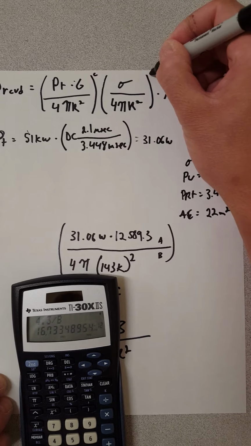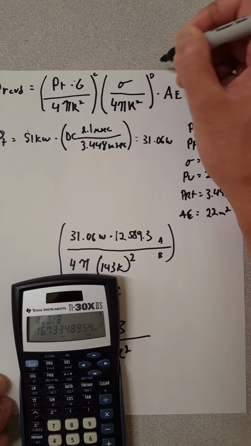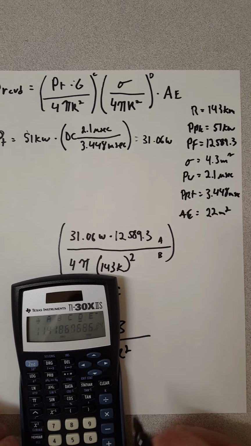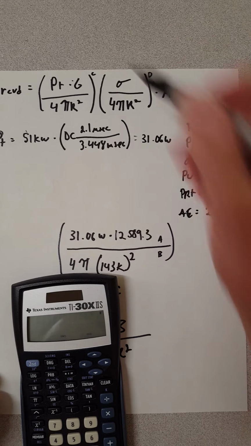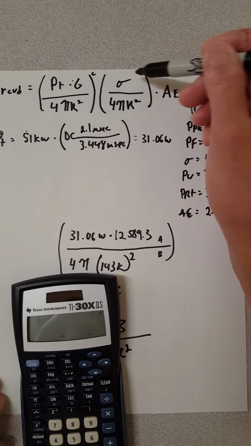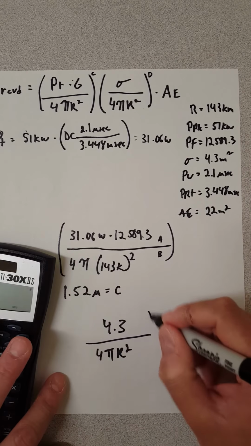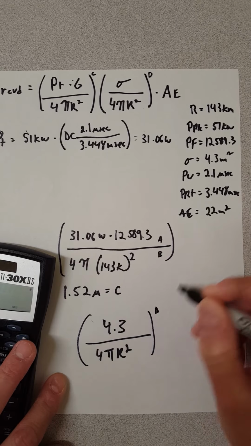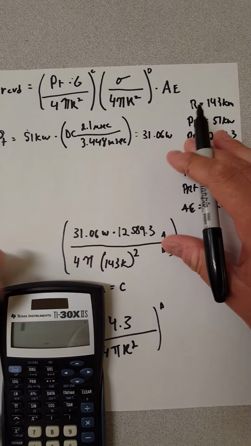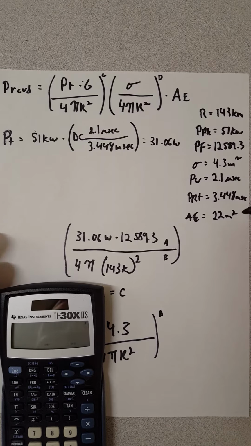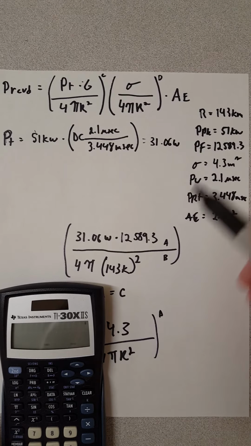I'm going to label that as D and store it as D. So in the end, so far, we're going to have C times D times this last number here, which is the effective aperture. So this is telling us how efficient our antenna is able to capture RF energy, and that's 22 meters squared.